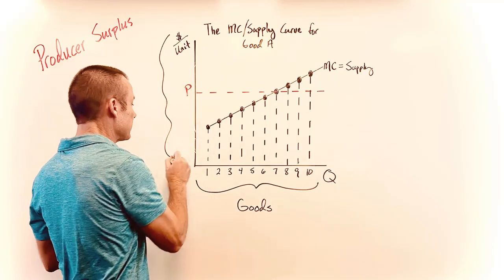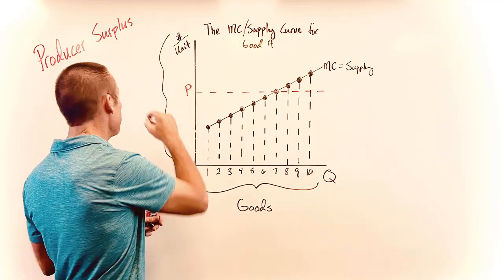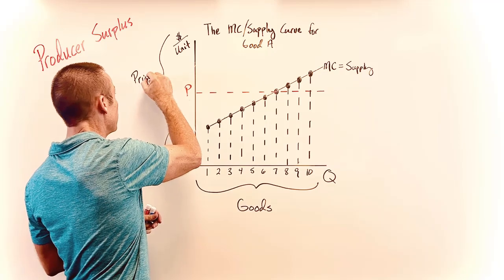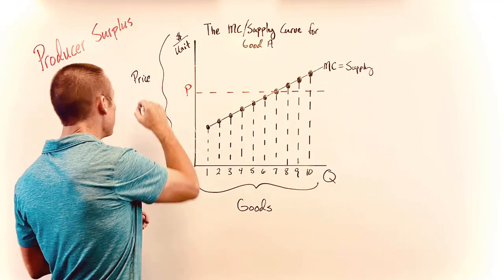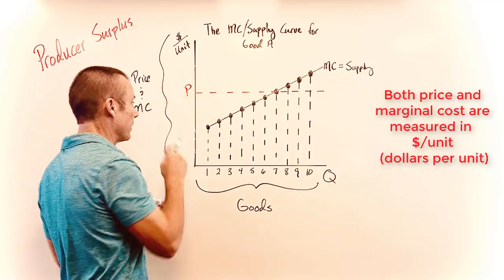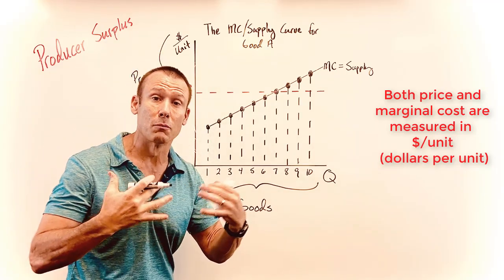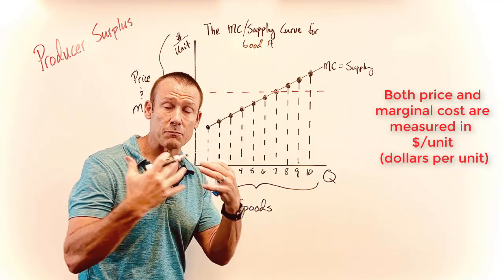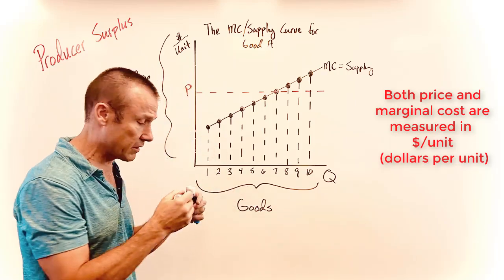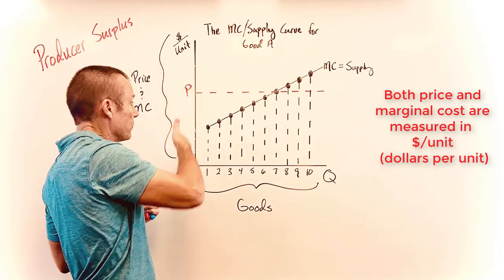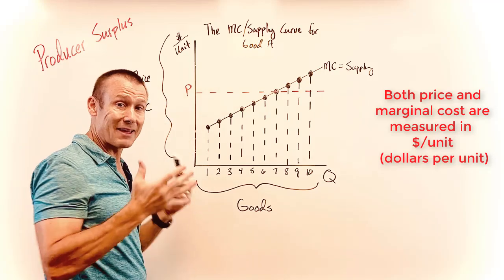This vertical axis in just this particular diagram is measuring price. You can see that right there, but it's also measuring marginal cost. And we use this vertical axis to measure so much more than just that as we get more sophisticated diagrams. But for this diagram, we're using these values right here to measure price and marginal cost.